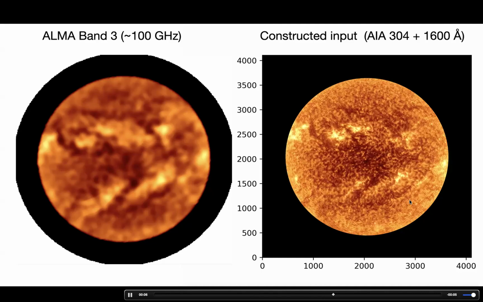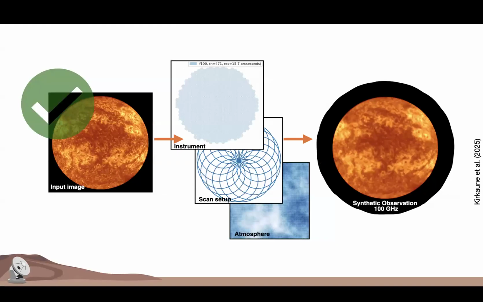And in this input cube, you can actually see an intermediately sized flare that goes on in this active region down here. And we wanted to see if we could simulate AtLAST observations that would actually be able to resolve this flare both in space and in time.